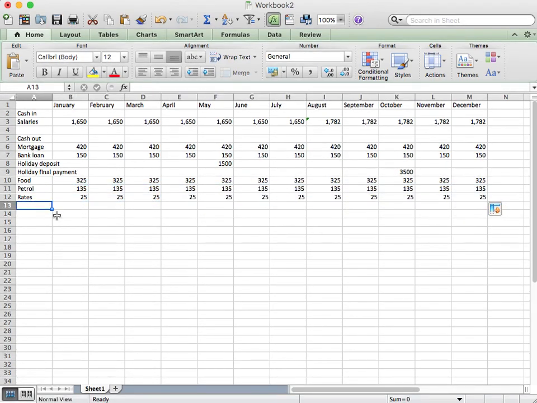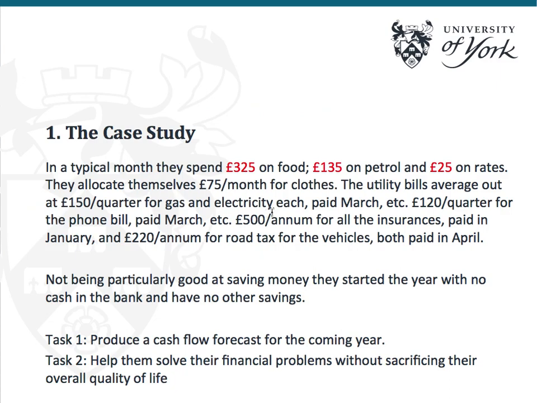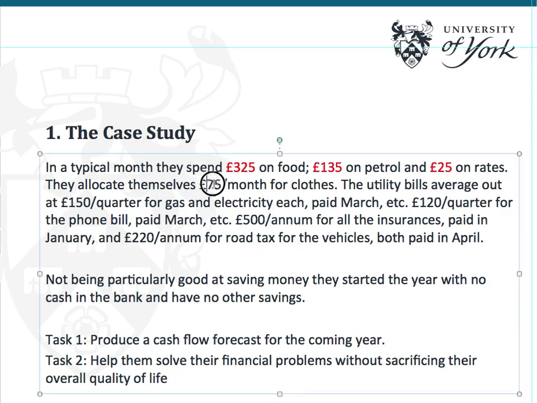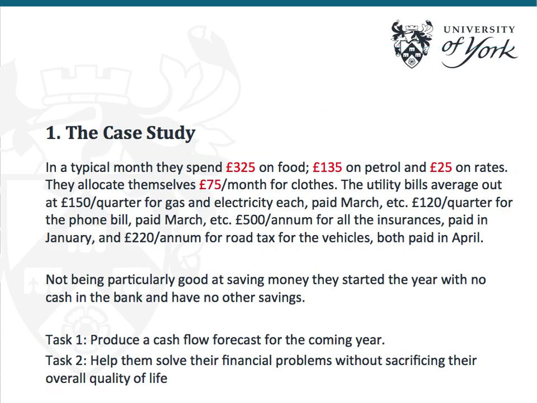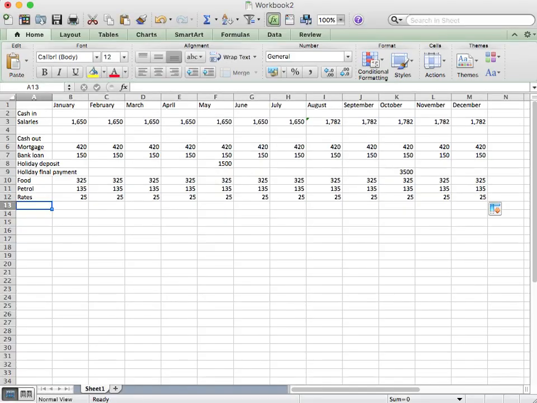Okay, so that's picked up petrol and rates. And the next one we've got is a £75 clothing allowance per month. So let's just highlight that one and pop clothes across into the next row. 75. Copy that across.